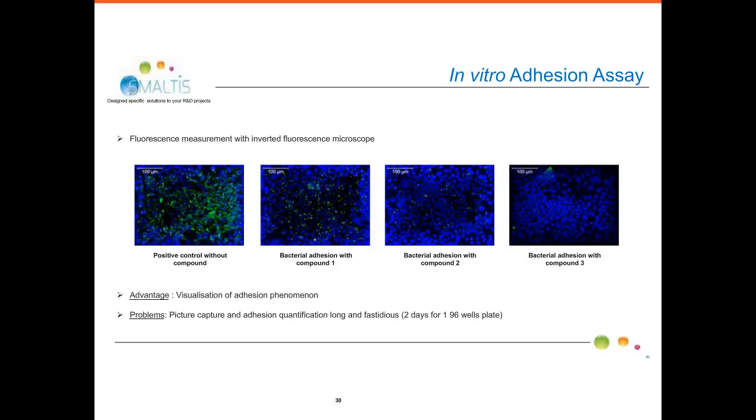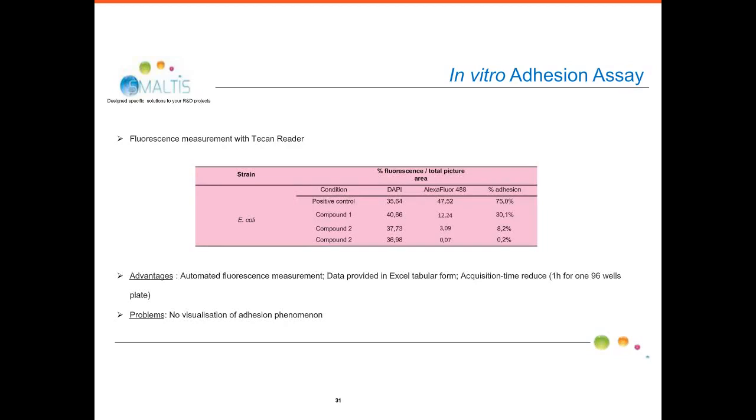But now, if we use the Tecan reader to measure the fluorescence, first of all, the fluorescence is measured automatically. The device provides us data directly in Excel tabular form, and the acquisition time is reduced to 1 hour per plate. If you look at the result corresponding to the previous picture, you directly obtain the percentage of adhesion for each condition. For the positive control, the percentage of adhesion is around 75%.